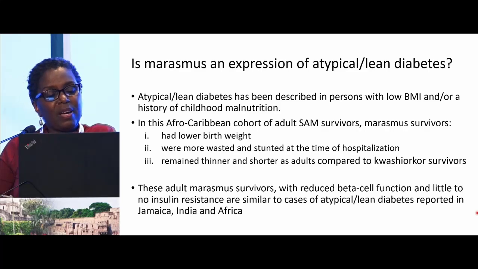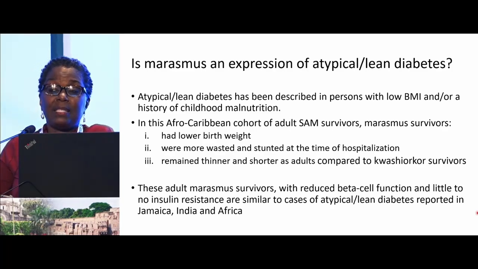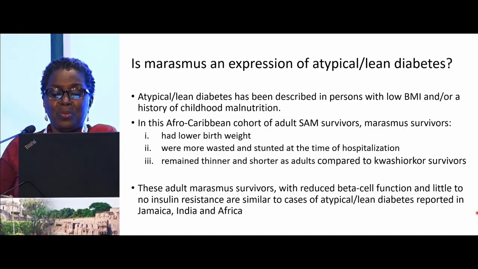And in this cohort of Afro-Caribbean adult SAM survivors, marasmus survivors had a lower birth weight, they were more wasted and stunted at the time of hospitalization for SAM, and they remained thinner and shorter as adults compared to kwashiorkor survivors. These adult marasmus survivors, with their reduced beta cell function and little to no insulin resistance, are indeed similar to cases of atypical lean diabetes, reported in Jamaica, India, and Africa.